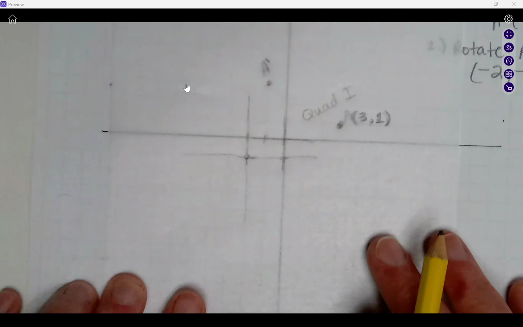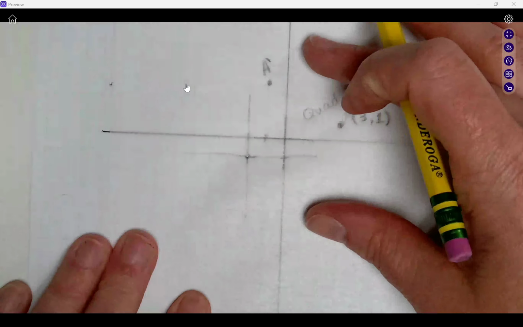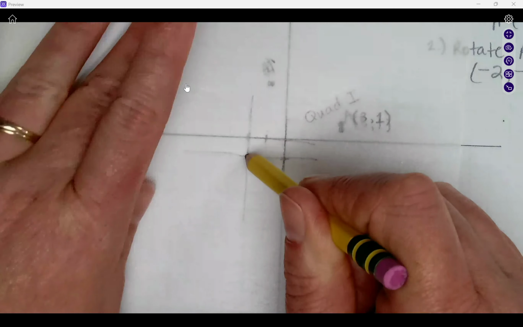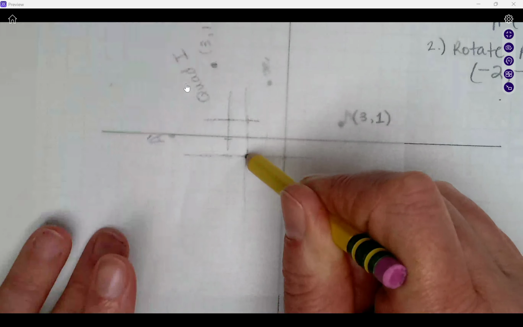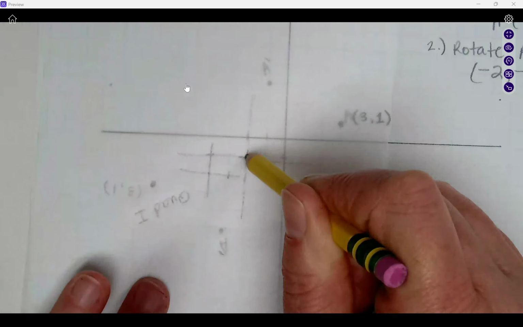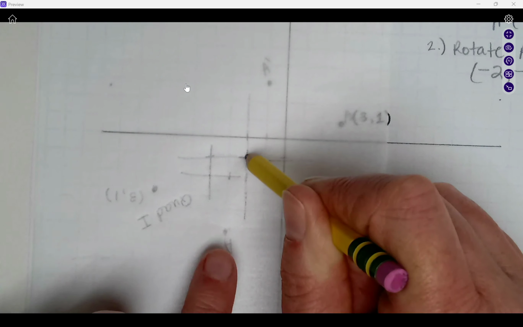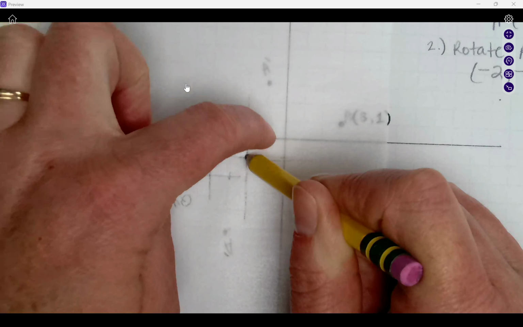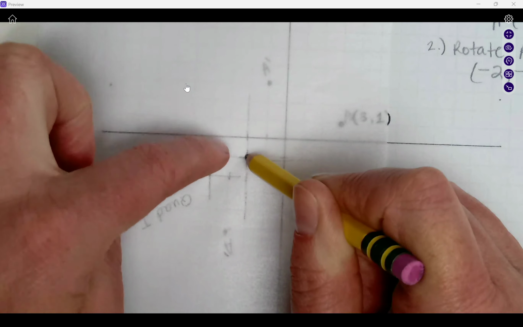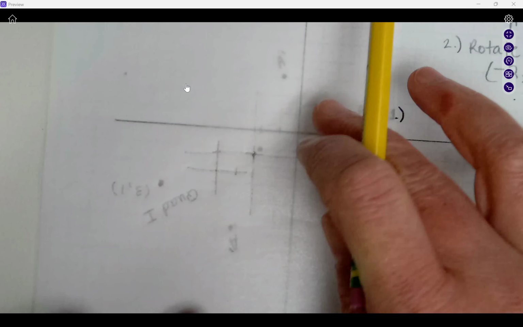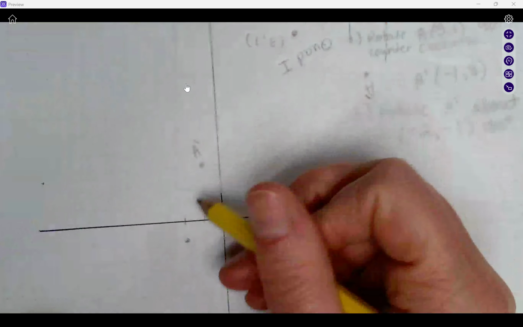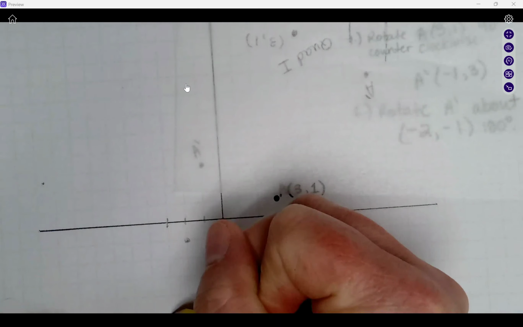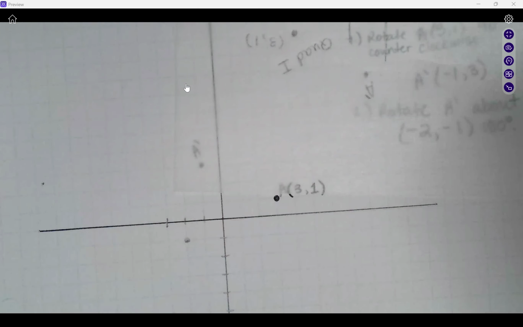Here we go. This is tedious work, but it's not that bad. So I'm going to place my pencil here as a pressure point. Here's 90 degrees. Here is 180 degrees, and I see that my A prime has mapped to the ordered pair -1, -2, -3, and then 1, 2, 3, 4, 5. So -3. So that's where that point would end up being.